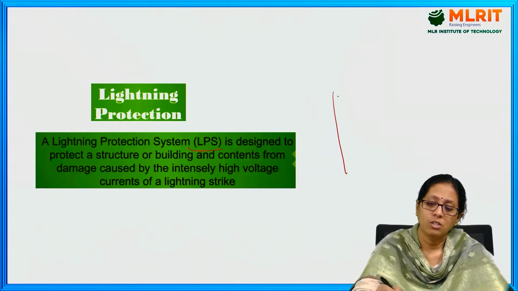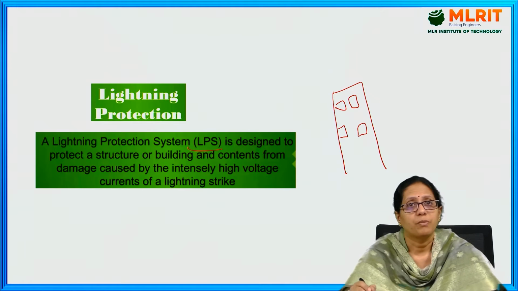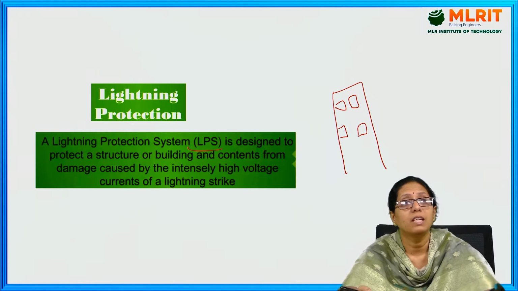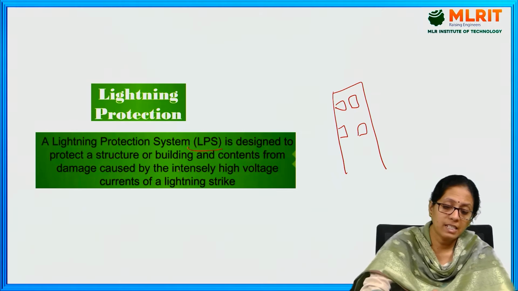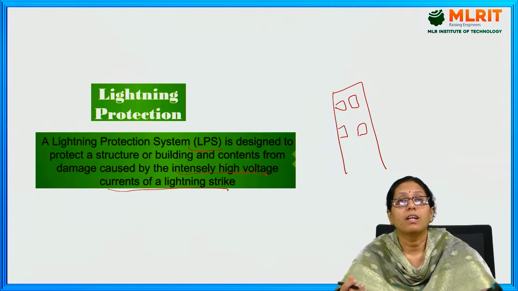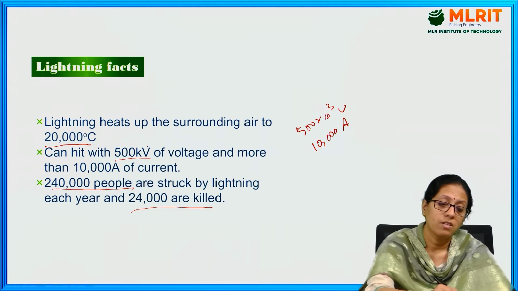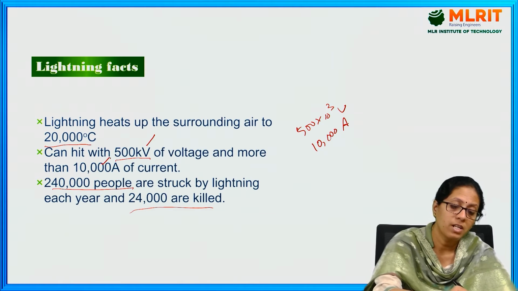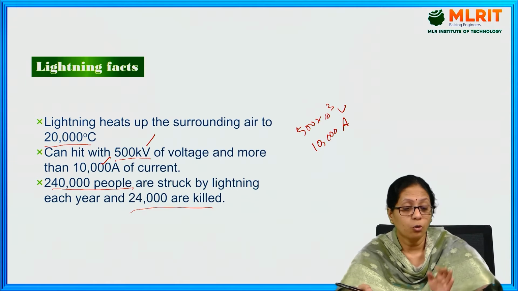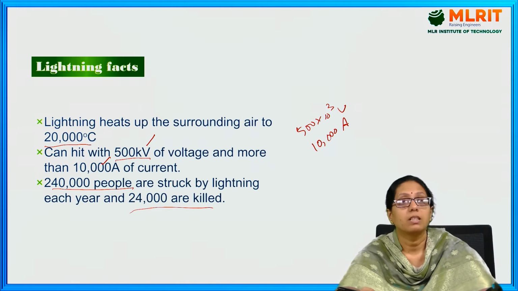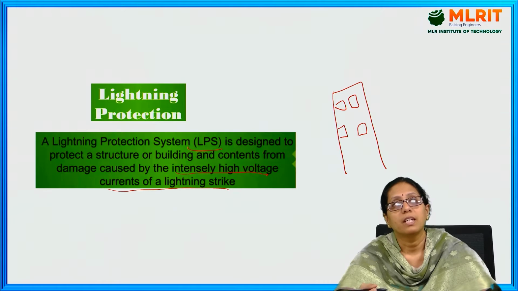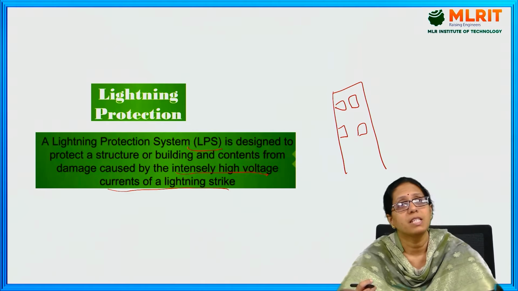If any tall building is there, in order to protect the building from damage from the intensely high voltage currents, as I said, the voltage is around 500 kilovolts and current is around 10,000 amperes. In order to protect the building from this amount of voltage as well as current, we will have to design different types of lightning protection schemes.